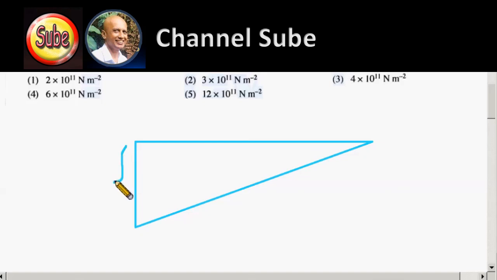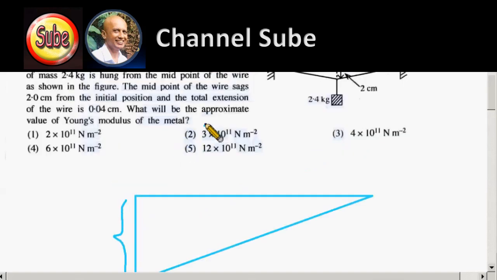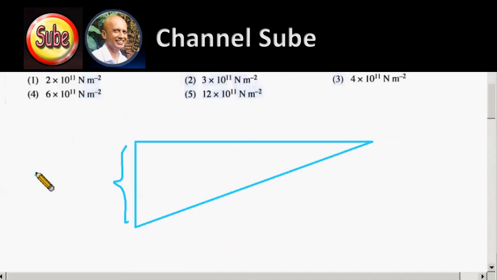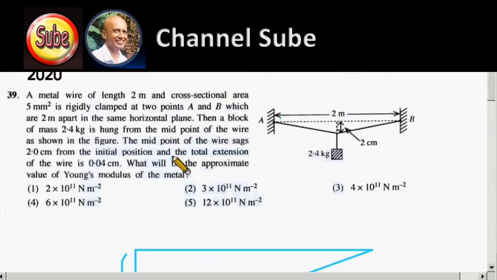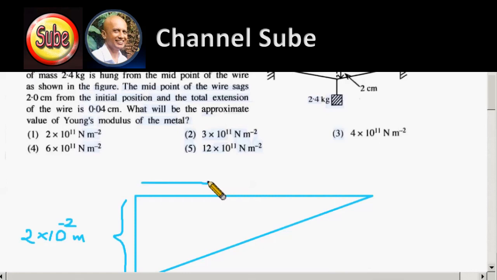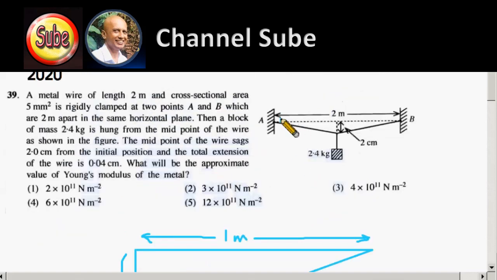So this length is given, 2 centimeter. 2 centimeter we have to convert to meter, 10 power minus 2 meter. So this side is 1 meter, because the total wire is 2 meter. We take only this part, half of it, so it is 1 meter.